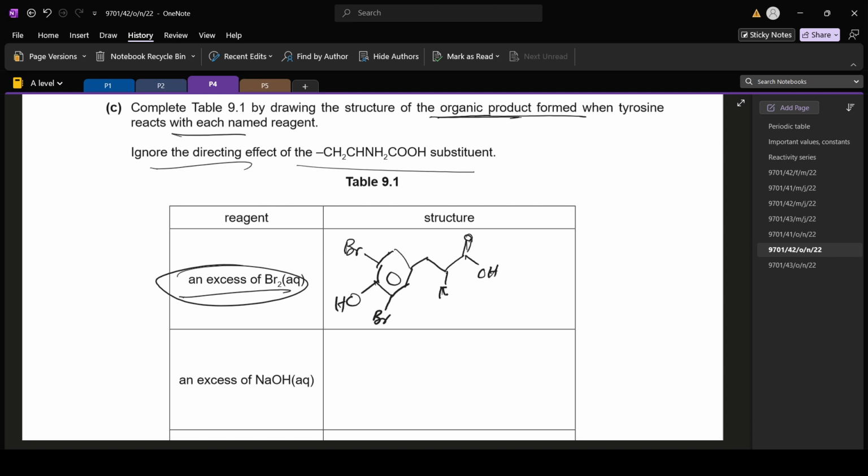This is your structure when it reacts with an excess of bromine.